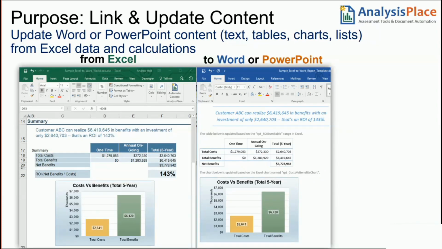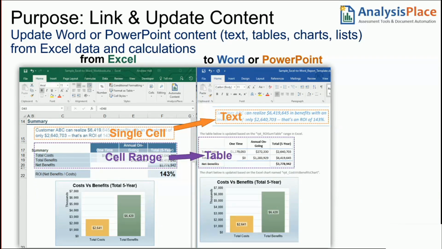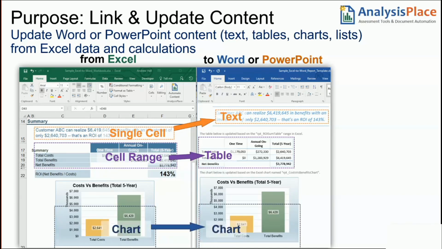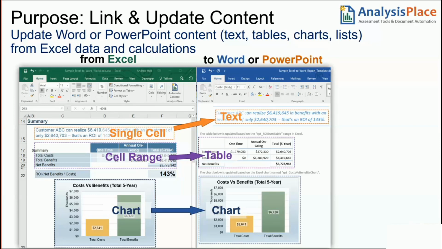So in general, what the add-in does is update content from Excel, including content that's within single cells, which updates text within Word and PowerPoint, table content that updates tables within Word and PowerPoint based on a range in Excel, and charts, both images as well as the native chart updating capability.